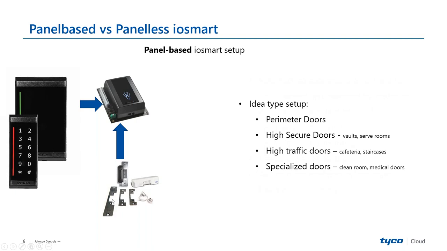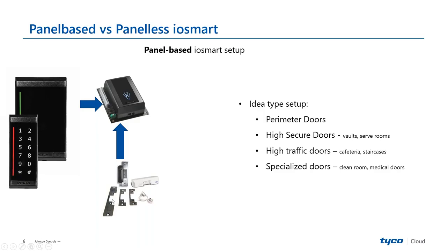Also, a panel-based environment is typically for perimeter doors or high secure doors for vaults and server rooms. You want that instant notification that something broke in, right? High traffic doors, the high turnover of people just keep on swiping the card over and over.